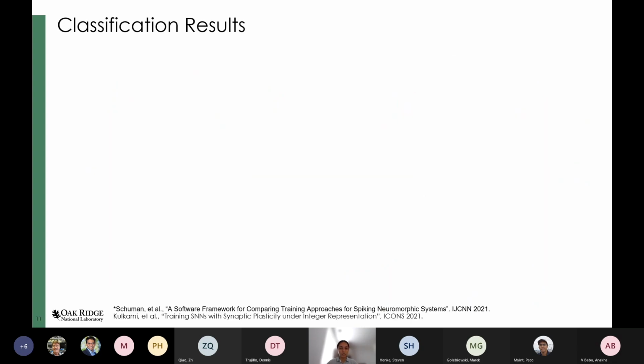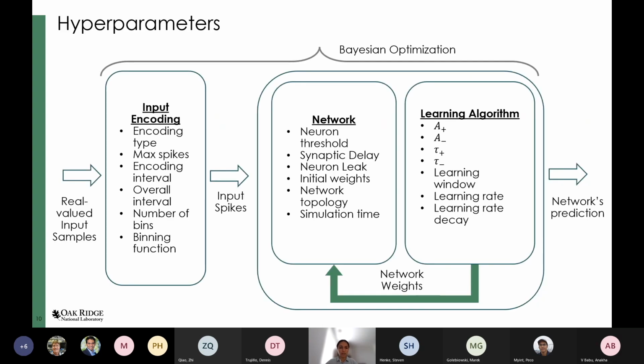So we applied what is called Bayesian optimization to optimize these different hyperparameters of the overall network so that the network can make the correct prediction for the given input classes.